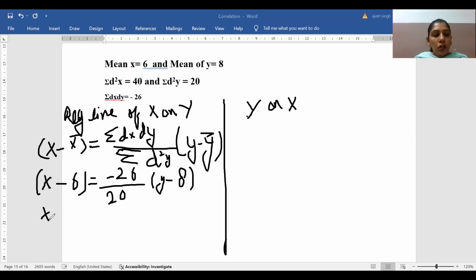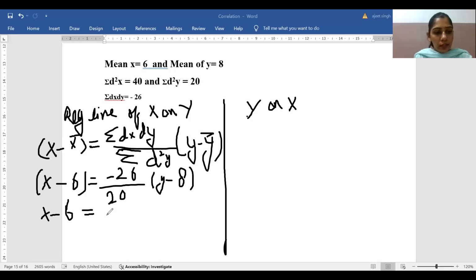Now let's solve the equation x minus 6. Let's first divide minus 26 by 20. Minus 26 divided by 20 is minus 1.3.